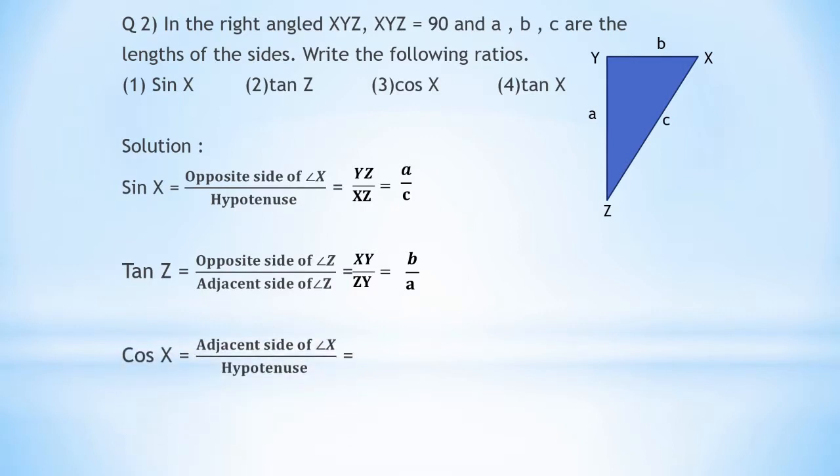Next is cos X. The formula for cos X is adjacent side of angle X upon hypotenuse, which is equal to XY upon XZ.